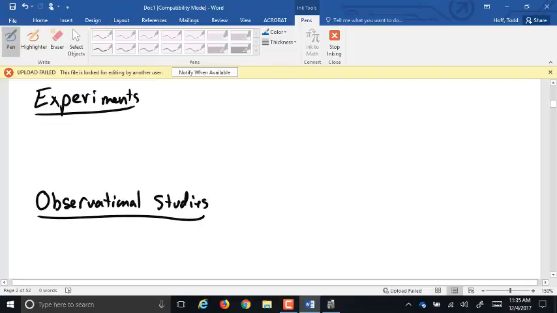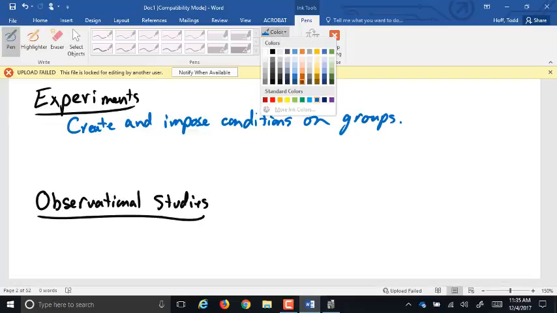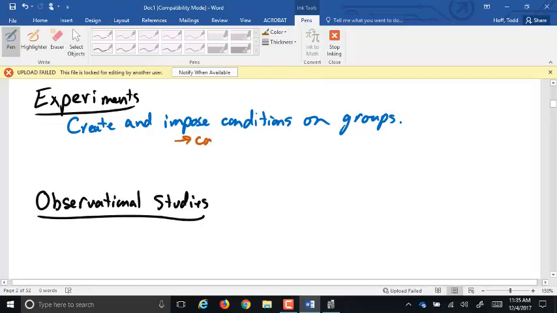In an experiment, we create and impose conditions on groups. And of course, there is always the control group and then the active group or the study group that we're looking at.